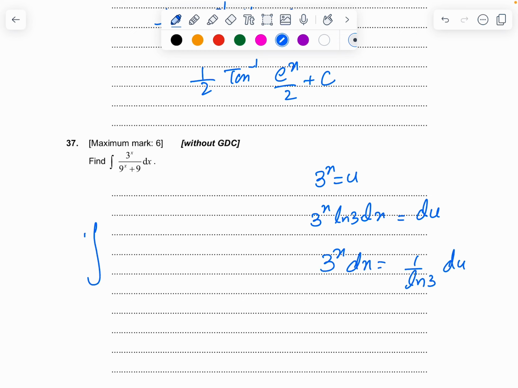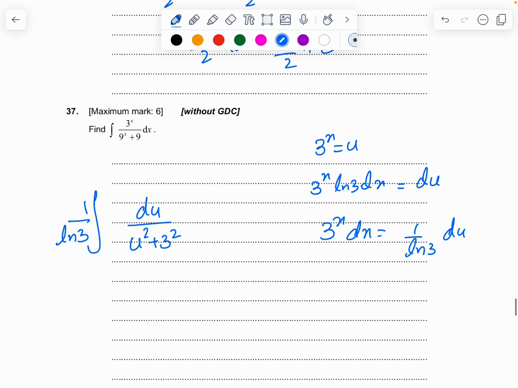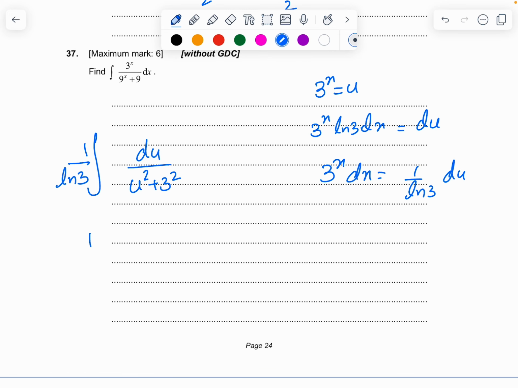So this will become 1 upon ln 3 du divided by u square plus 3 square. 9 power x is u square. So this will become 1 upon ln 3, 1 upon a tan inverse of x upon a, u upon 3 plus c. So 1 upon 3 ln 3 tan inverse of u, which is nothing but what? 3 power x upon 3 plus c.